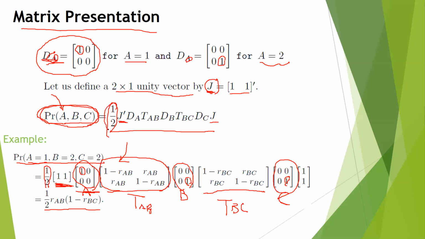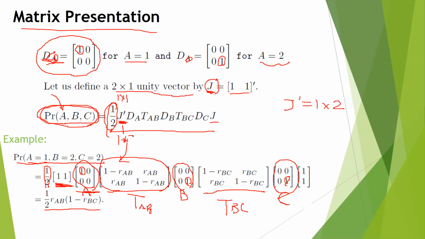So this is a scalar, so that's 1 times 1, right? It's okay. But here J prime means the transpose. The original J is 2 by 1, but if we transpose, J prime should be 1 times 2, right? Okay, so let's put 1 times 2 here.